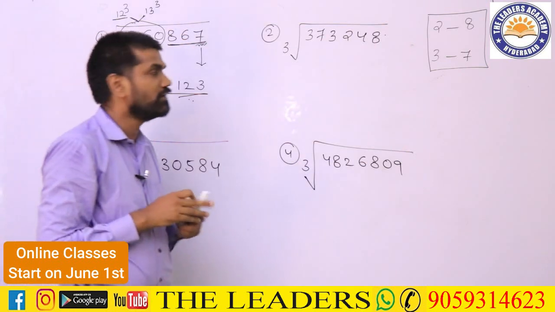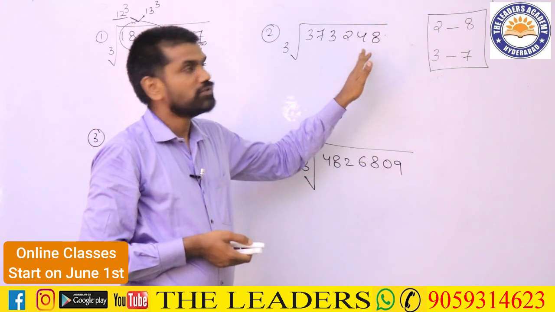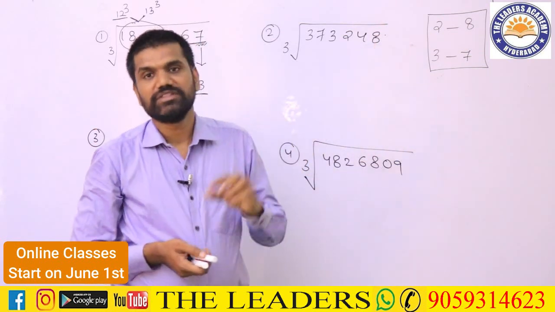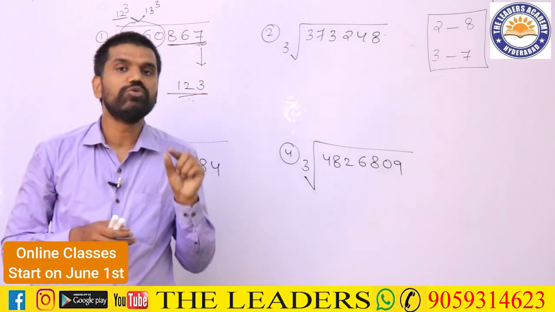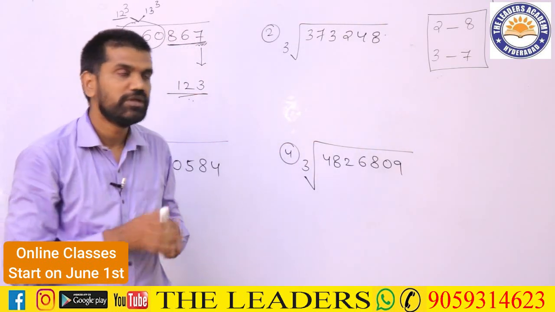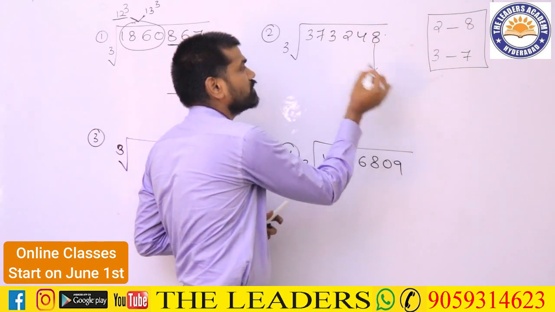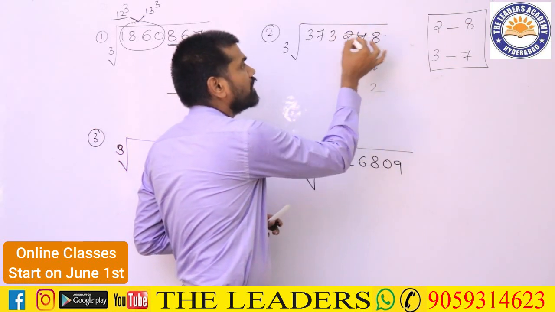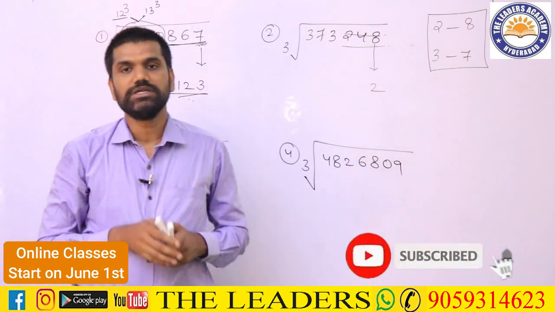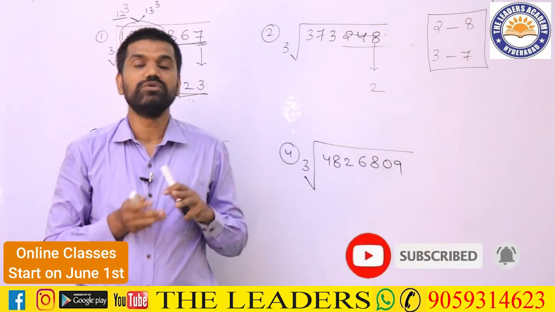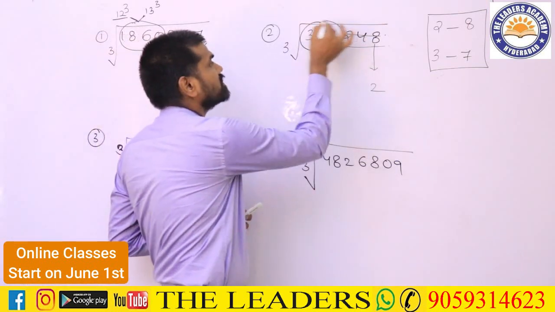In the same manner, if we now go for this number, here the cube of the number is ending with 8. As the cube of the number is ending with 8, its cube root has to end with 2. Then remove the last 3 digits, as I said, and go ahead with the remaining number, which is 373.